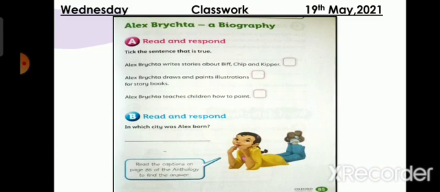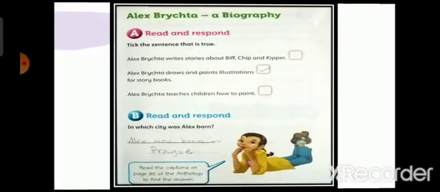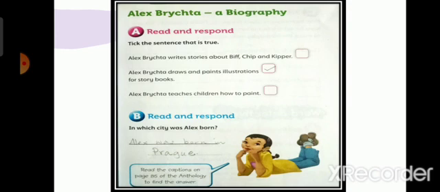He was born in Prague. Yes. You may check your spellings. Alex was born in Prague. It was the capital city of Czechoslovakia. I hope you have written the answer.